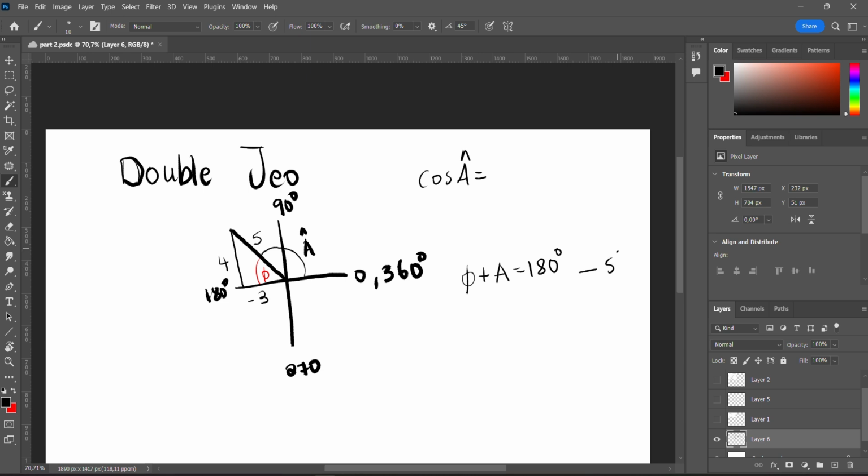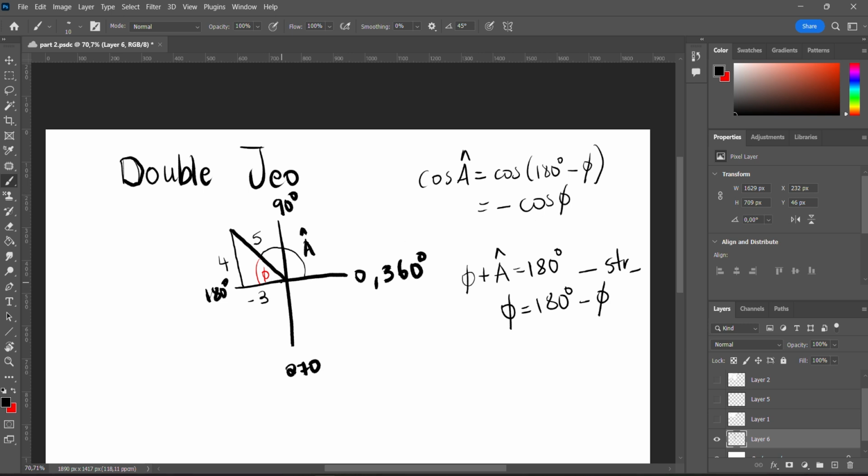This is because it's a straight line. So therefore phi would be 180 minus theta, which now cos A would be cos of 180 minus phi, and cos of 180 minus phi would be minus cos phi.